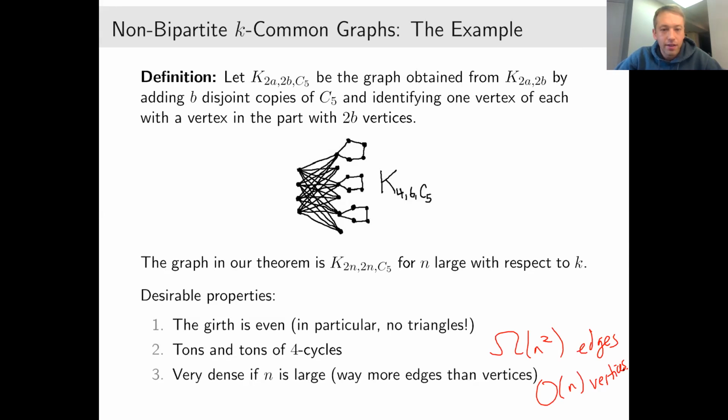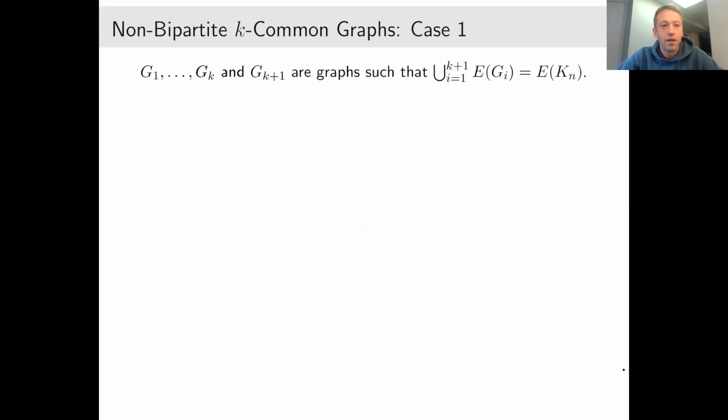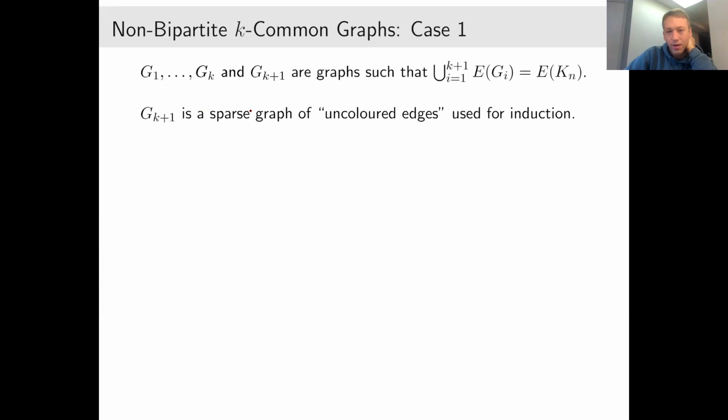Okay, so let's talk at a high level about how the proof works. As usual, I've got my graphs G_1 up to G_k, which we think of as k different colors. And then I'm going to have an extra graph G_{k+1}. This is useful for induction.